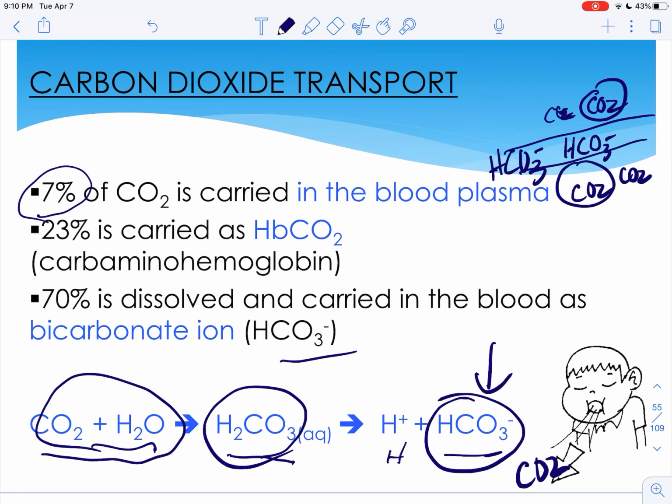And the reason, again, that is a great thing is because now those cells who have CO2 will not notice that there's any CO2 or hardly any CO2 in the blood, so it will readily diffuse all that basically waste product. Carbon dioxide will easily go into the bloodstream and be carried to the lungs for exhaling. And so that is how this is made very efficient to get those CO2 molecules out of your cells, carrying it in the blood as bicarbonate ion.